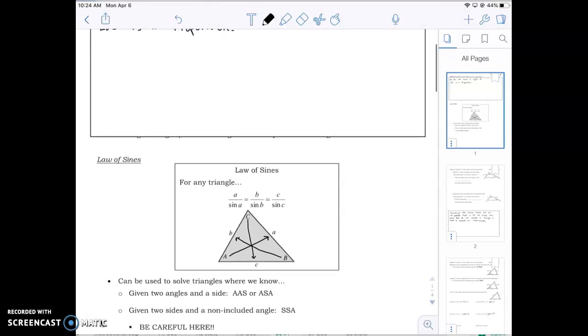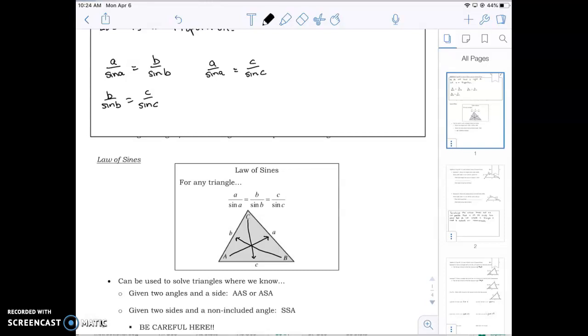Now, there's three different ways we can do this. We can do a over sine a equals b over sine b. We can do b over sine b equals c over sine c. Can you guess what the third one is? A over sine a equals c over sine c. So we only use two sets of these at a time.